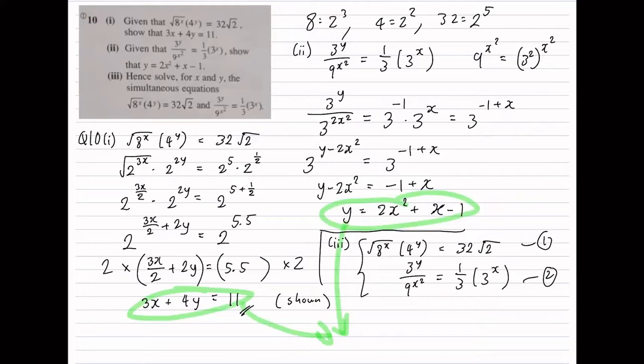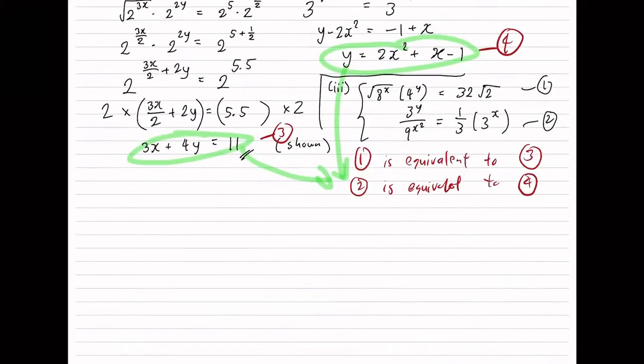Okay, maybe I'll label, call this equation 3, call this equation 4. 1 is equivalent to 3. 2 is equivalent to 4.